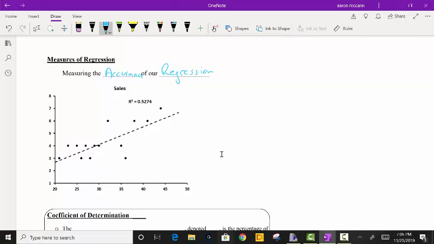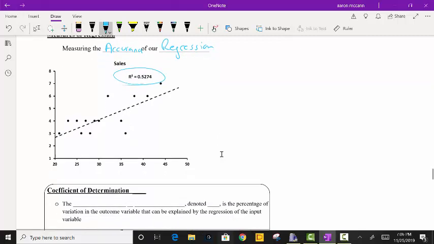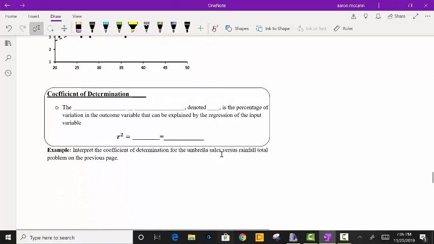We do that with a value called R squared, which is the coefficient of determination. The coefficient of determination, denoted R squared, is the percentage of variation in the outcome that can be explained by the regression of the input variable.